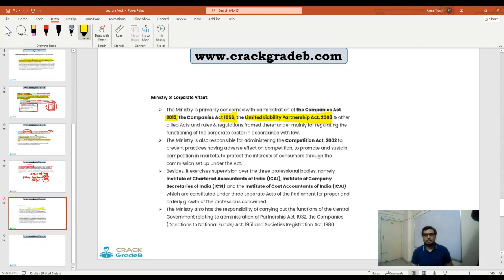Apart from doing business, accounting is also very important, and we have the Institute of Chartered Accountants of India, ICAI, and others: the Company Secretaries institute, and the Cost Accountants institute.